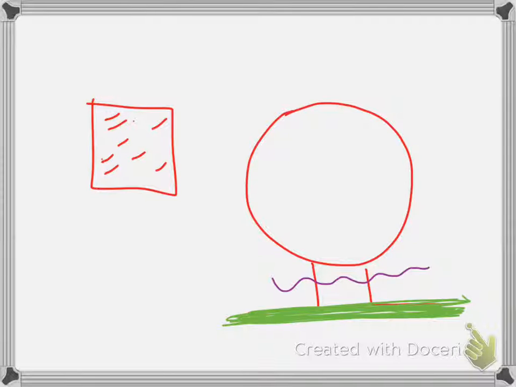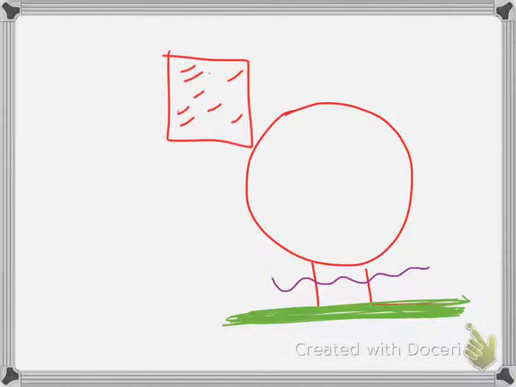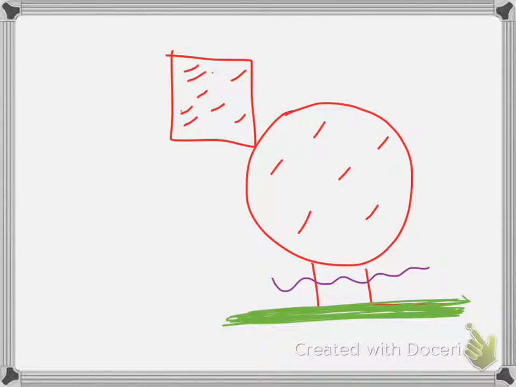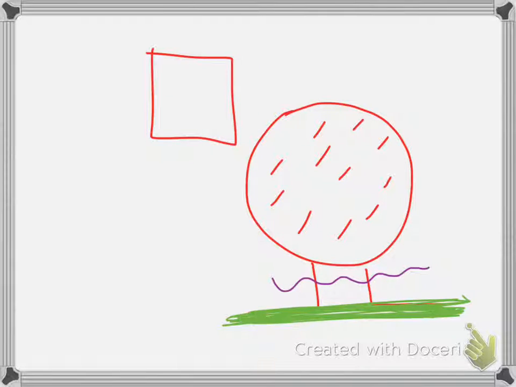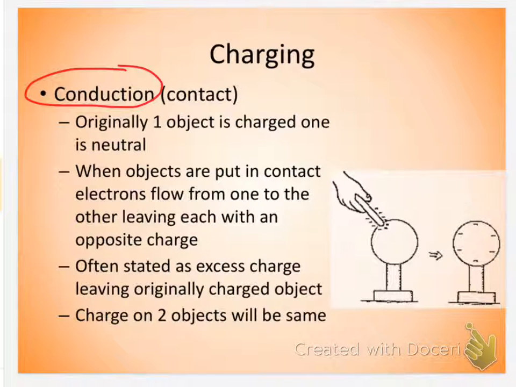Extra electrons can flow into the Earth, or you can pull surplus electrons from the Earth, because the Earth acts as sort of an infinite reservoir. So if we take the charged object and we touch this, the extra electrons will flow onto here. So this new object is now going to have the same charge the original charged object did. Depending on how much charge and how long you leave them in contact, you may still have residual charge on the first object. That's charging by conduction.